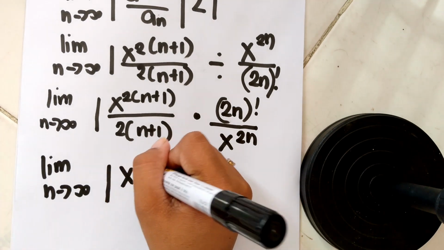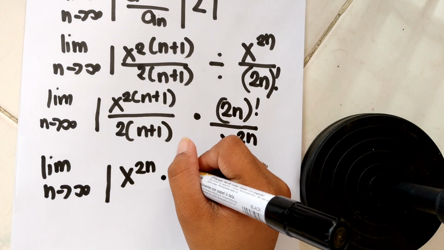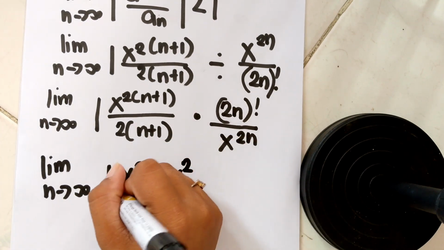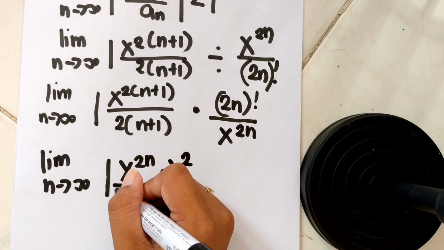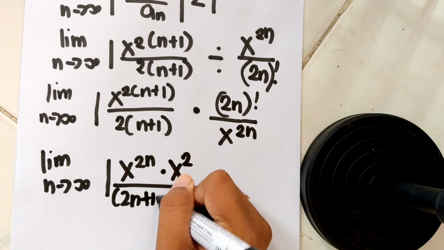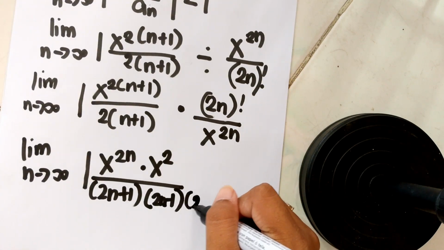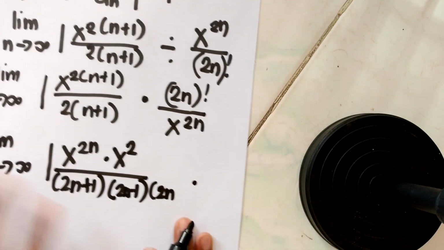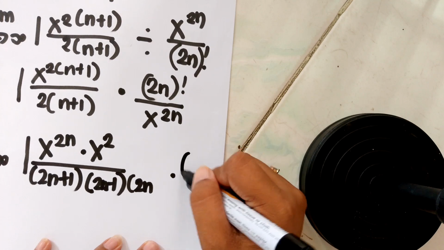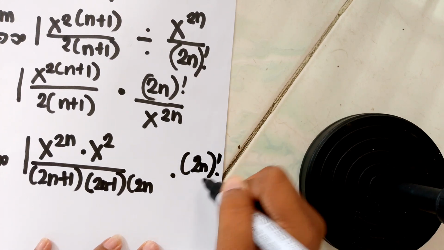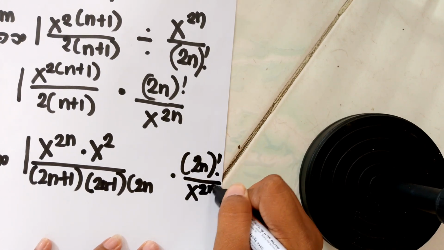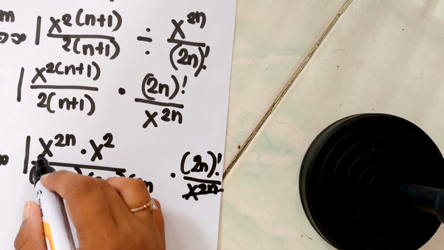It will become x raised to 2n times x squared over 2n plus 1 times 2n plus 2 times 2n factorial over x raised to 2n.